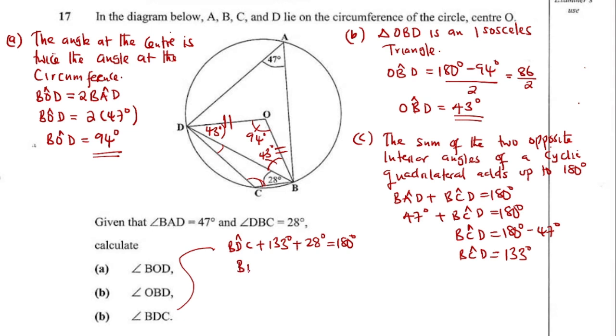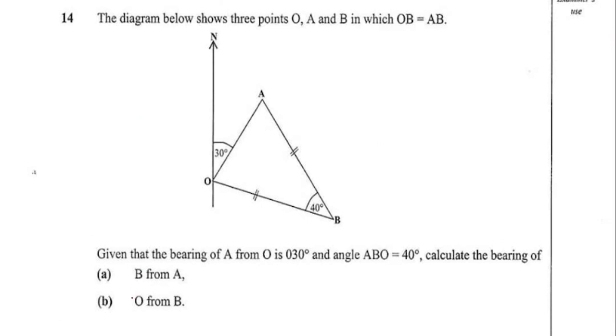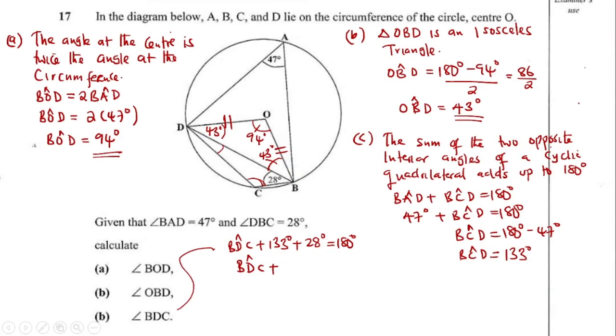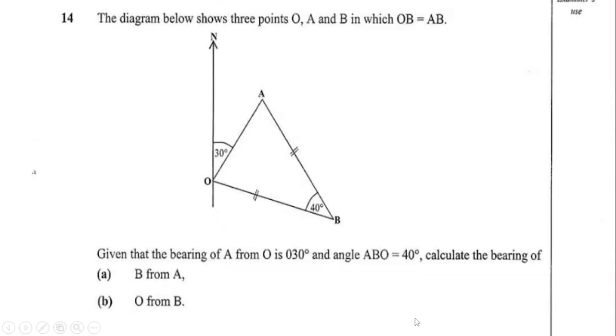So BDC plus, 133 plus 28 is going to give us 161 being equal to 180. 161 crosses the equal sign, that would be BDC will be equal to 180 degrees minus 161. So the difference of the two will be equal to 19 degrees.